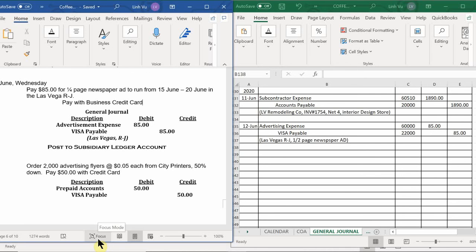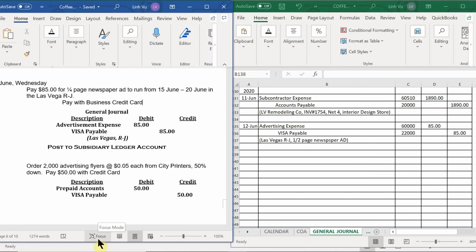Okay? So in this case, we're not picking it up today, but we are going to pay for that 50% down payment. And we paid it with a business credit card. So we only paid for half. Now let's think about it, 2,000 times 5 cents gives us a grand total of $100.